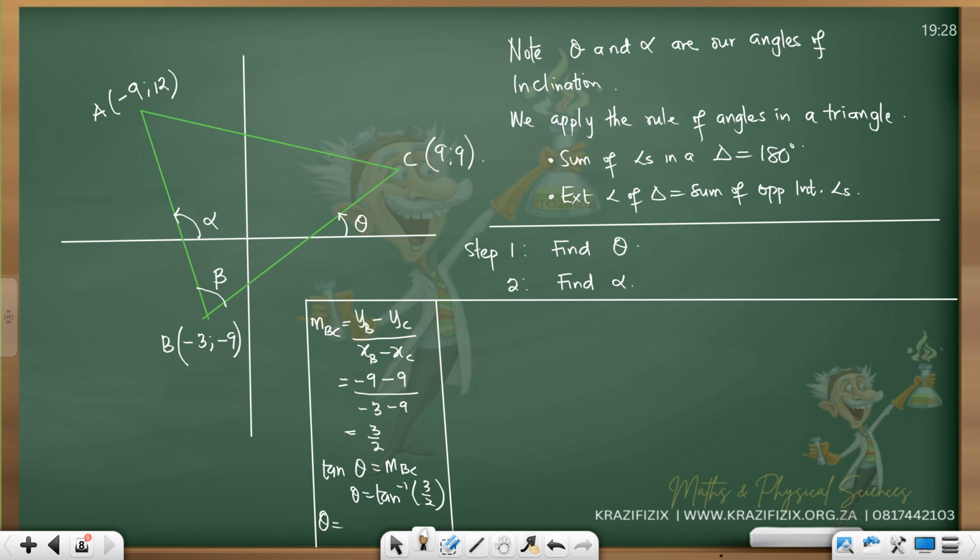You guys gave me 56.31 for the first one. All right. Okay, second one. What is the gradient of AB?